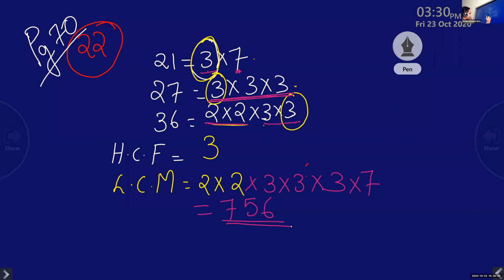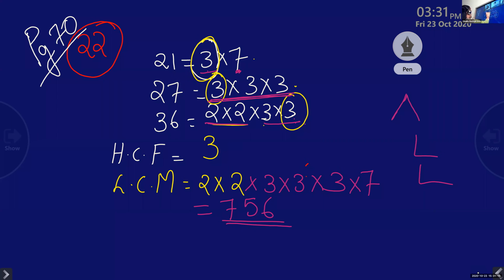So like this we can multiply. All the children, please check again how we can find LCM and HCF. For 21, 27 and 36, we had to write the product of prime numbers. For that we can choose any method, factor tree or division method. Now for HCF you can take only the common number.